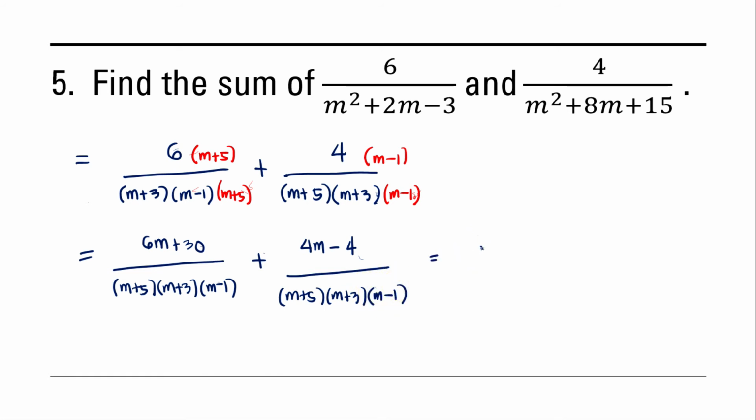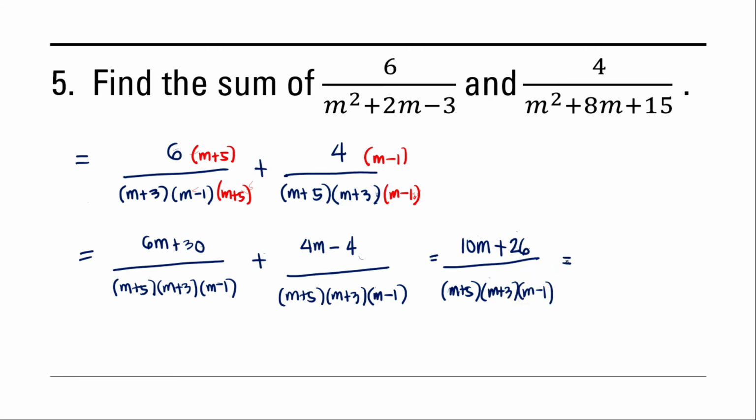Similar na yung ating fraction. Simply have to combine the numerators. That is 6m and 4m. We have 10m. Plus 30 minus 4. That will give us plus 26 over our denominator m plus 5 times m plus 3 times m minus 1.